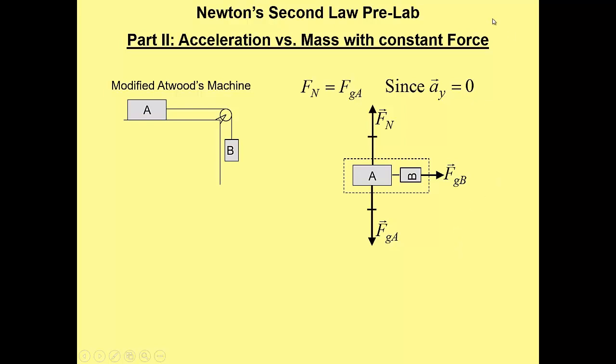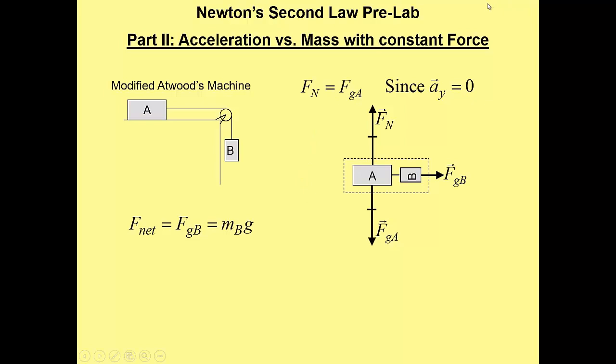So again, what is the constant, or what is the net force in this case? It's the force of gravity acting on the hanging masses, the weight of the hanging masses. And we know how to calculate that like you had to do in the first part of the lab. We take the hanging mass and multiply it by the gravitational field strength near the surface of the Earth, which is 9.8 newtons per kilogram.